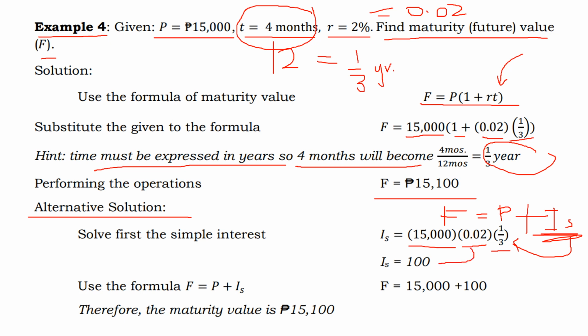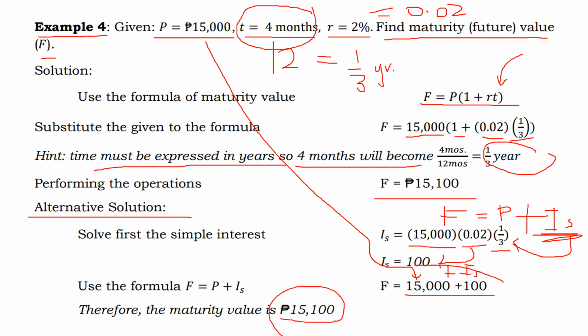Then we come up with the answer of 100 pesos as your simple interest. Now, if the principal in the given problem is 15,000 pesos, we simply add this I sub S. So that will be equal to 15,000 plus 100, or simply equal to 15,100 pesos.